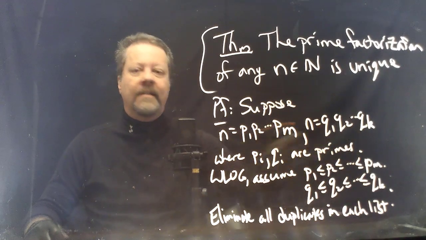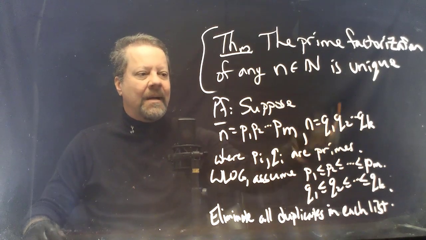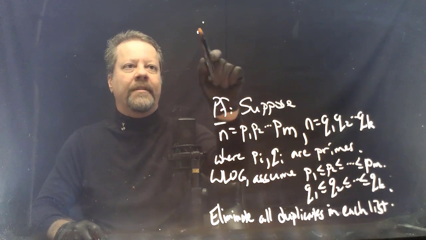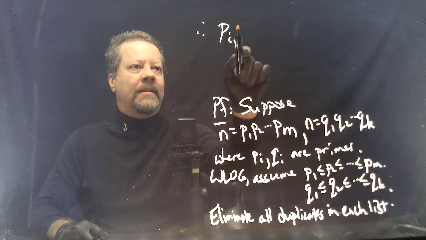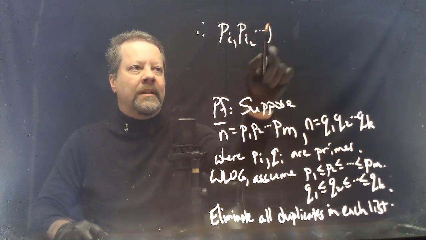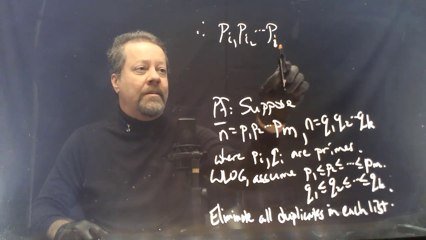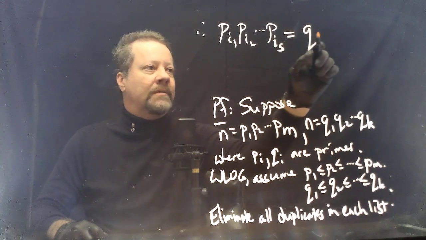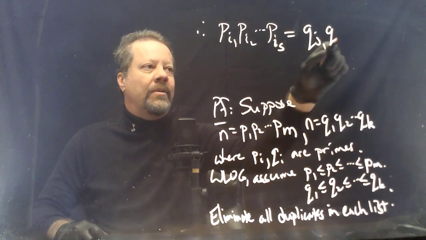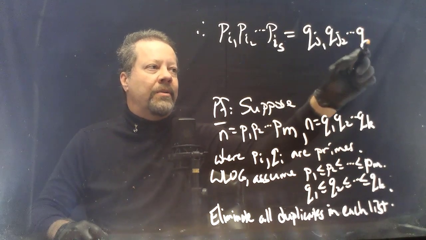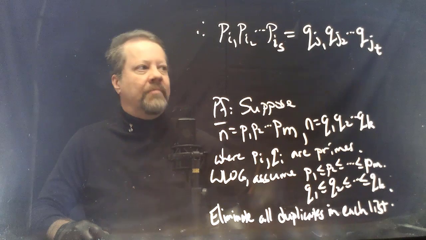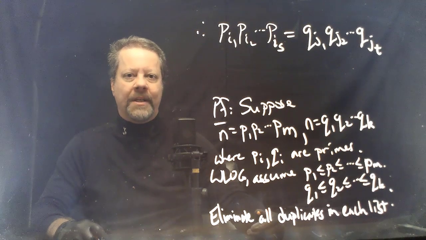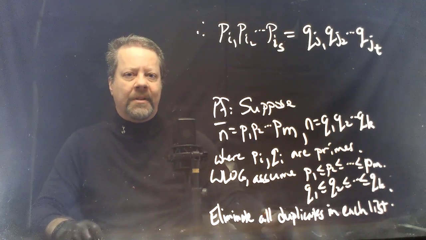If they have common terms, common factors, we can cancel the common factors off. So not all of these factors on each side are going to be left. We'll have pi1 times pi2 times, let's see, what should we call it? s will be equal to j1, j2 to jt. So we'll have some different lists that share nothing in common. These have no prime factors in common.